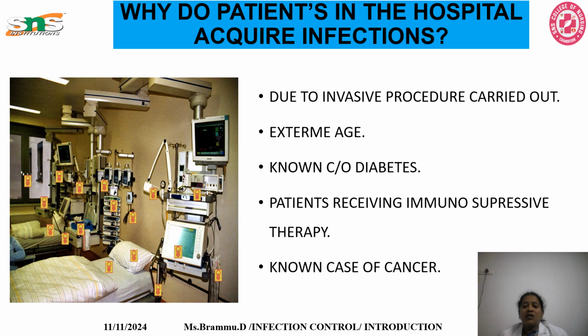extreme age, that is geriatric clients, are at high risk for developing hospital acquired infection, and known cases of diabetes mellitus who already have a poor immune response, as well as many other cases such as immunosuppressive therapy in case of rheumatic fever, rheumatic heart disease, or arthritis, who are already receiving immunosuppressive drugs, or patients who have recently undergone transplantation, and also some known cases of cancer.